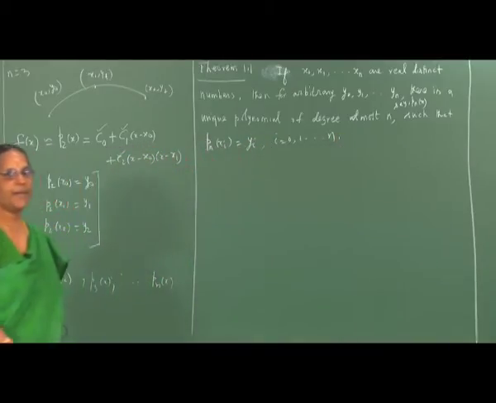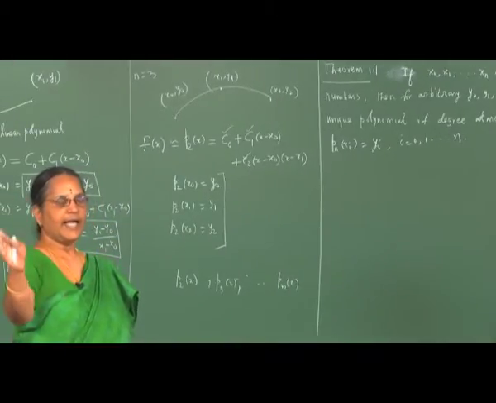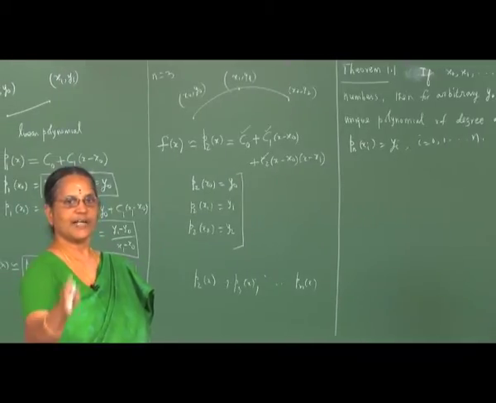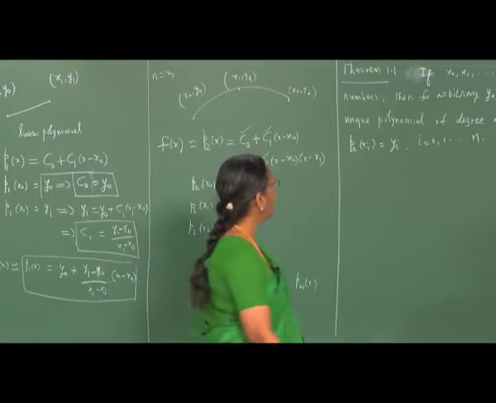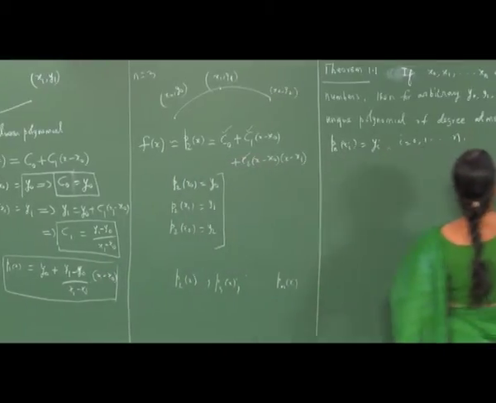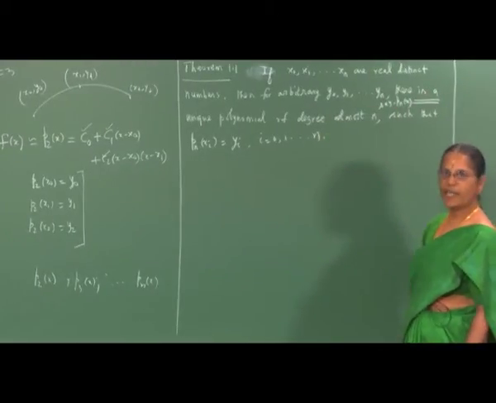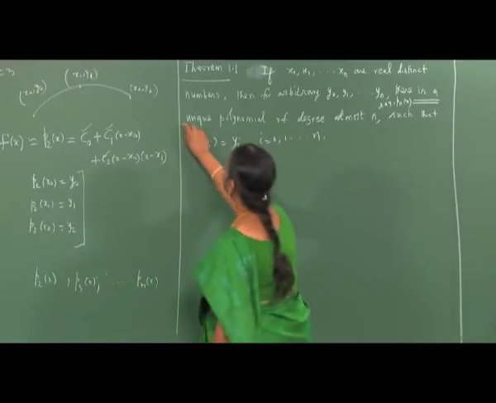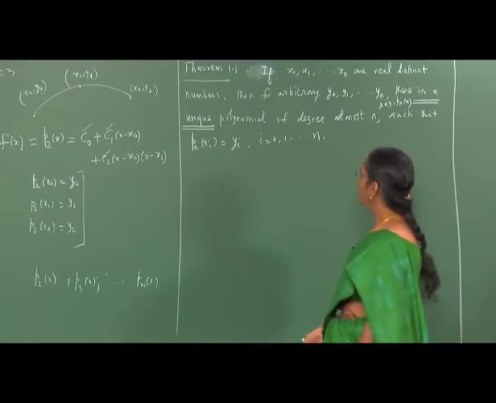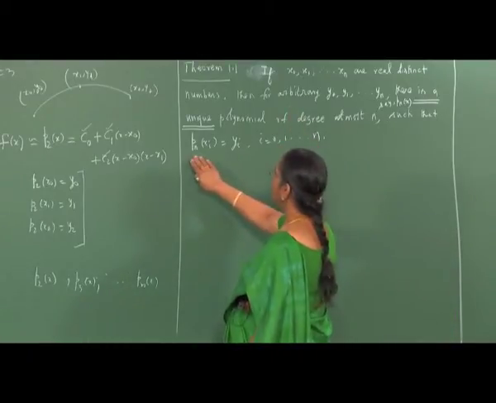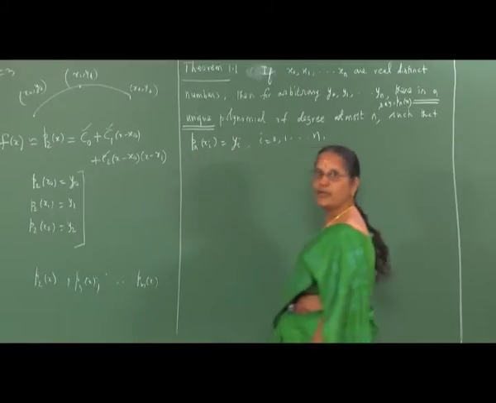So, given n plus 1 distinct points x0, etc., xn, for any arbitrary values which are associated with these n plus 1 values, namely y0, y1, etc., yn, the result says there exists a polynomial, and this polynomial is a unique polynomial. What is its property? It satisfies the condition that it passes through the points xi, yi. So, Pn of xi equal to yi.